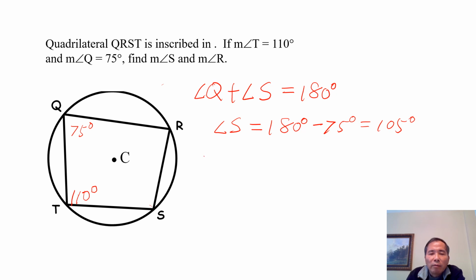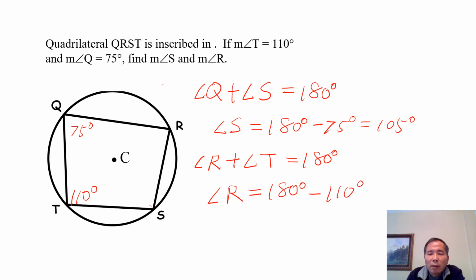So angle R plus angle T is 180 degrees. Then angle R is 180 degrees subtract 110 degrees, so angle R is 70 degrees.